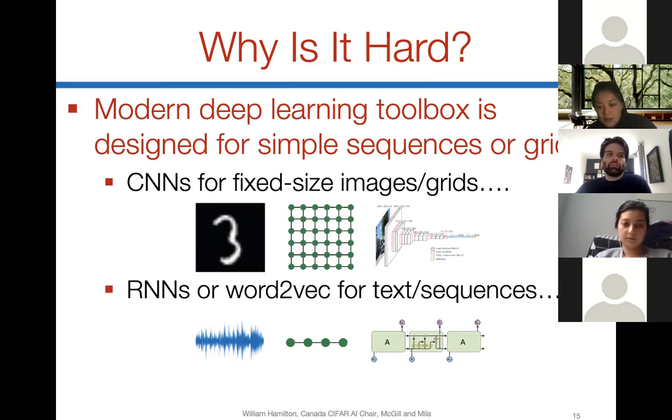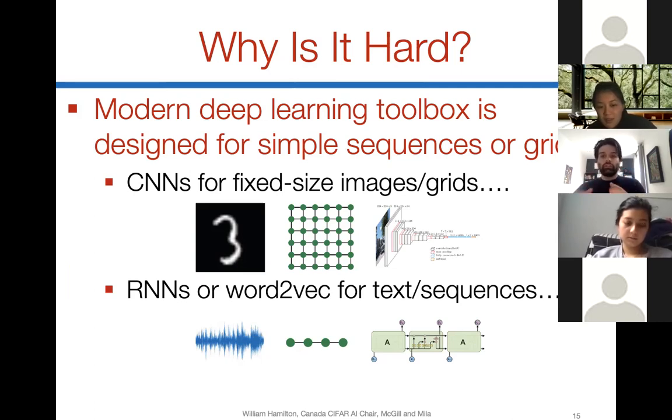But the issue is that there's no simple way to apply these existing techniques to general graph data. And one way of thinking about this is that convolutional neural networks, they really only work on grids. So images, right, are basically two-dimensional grids where you have pixels. And so convolutional neural networks actually generally, and this is like a true formal statement, convolutions work on grid data, or generally they can be higher dimensional grids, but they can only work on grids.